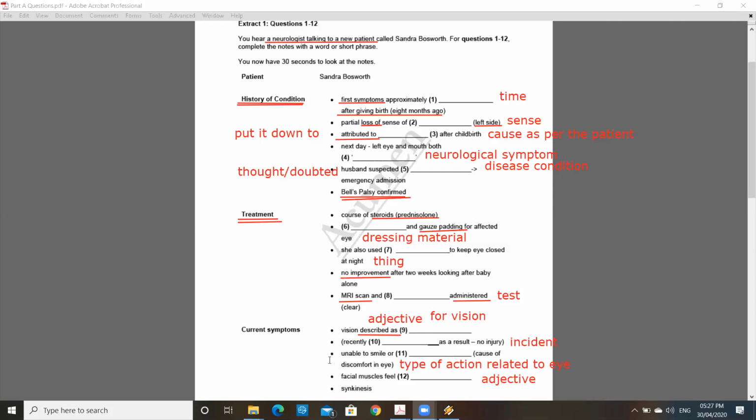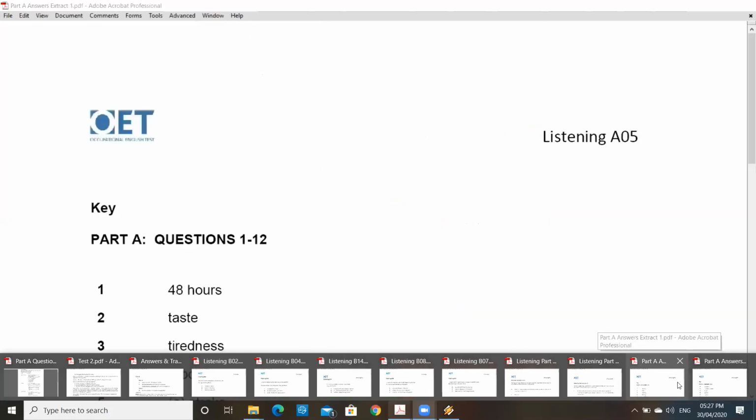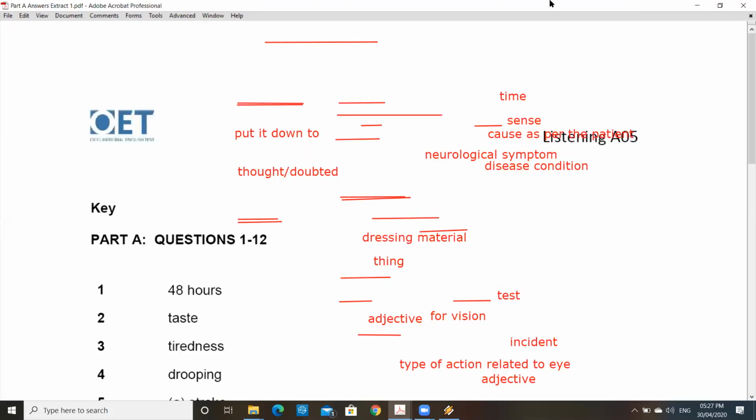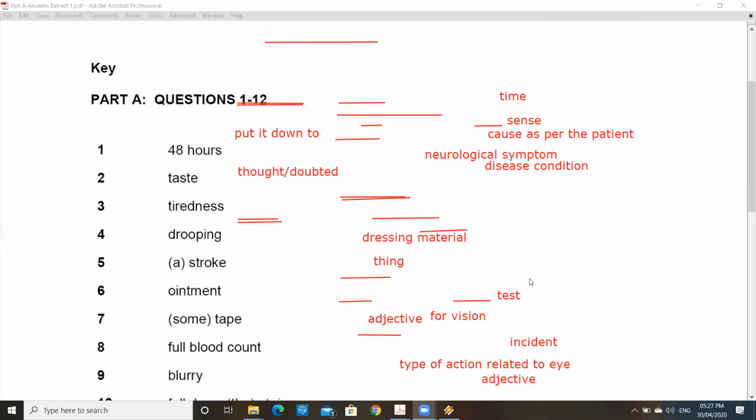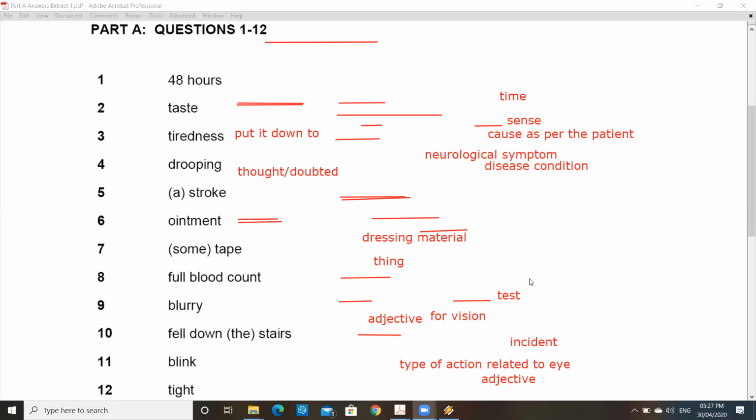Obviously, as a medical professional, this is a very common situation that you may come across, because your patients may not always be at their best to discuss or describe things to you. So in that situation, how you handle that plays an important role.